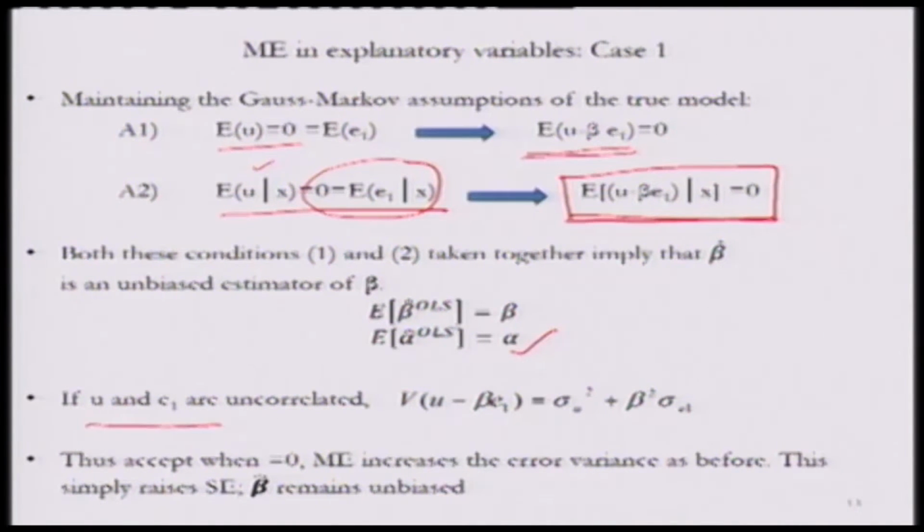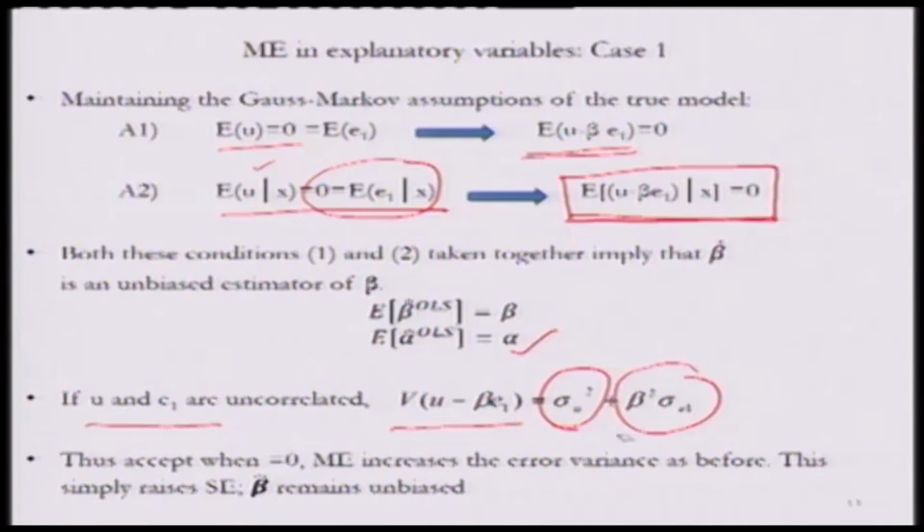Further, if u and E1 are not correlated between themselves, which is what we maintained in all the cases that we discussed, then the variance of the new error term has this additional term in there, which is different from the true model. The true model had only a variance term of sigma u square, but the revised model has this additional term, making the variance estimation higher than what we had in the true model.